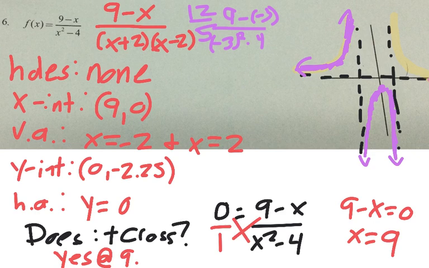And I'm going to do the same thing on the right side. So if I plugged in a +3, that would be 9 minus 3 over 3 squared minus 4. So that would be 6 over 5, which is 1.2. So when x is 3, the y value should be 1.2, which is also positive, which means I'm right on the money with that togetherness. That togetherness is going to be a game changer for me.